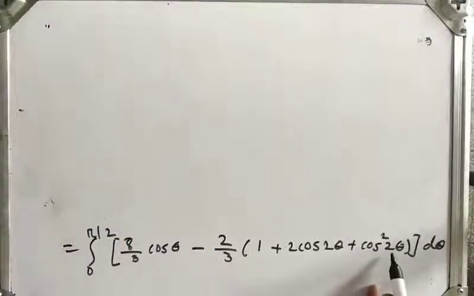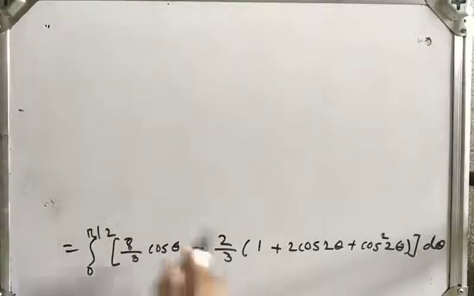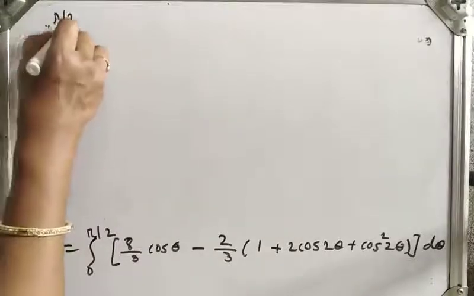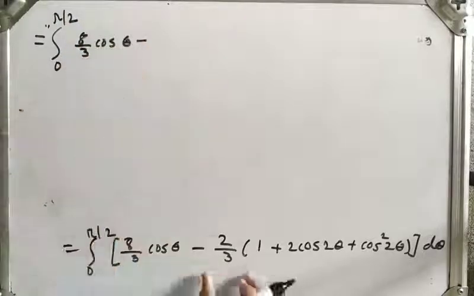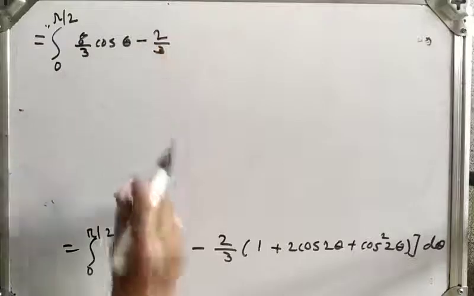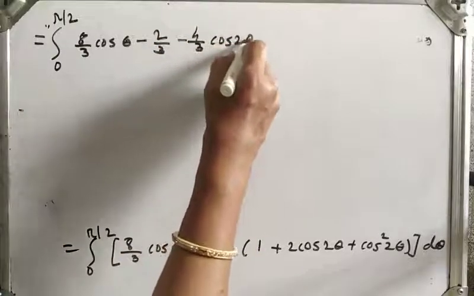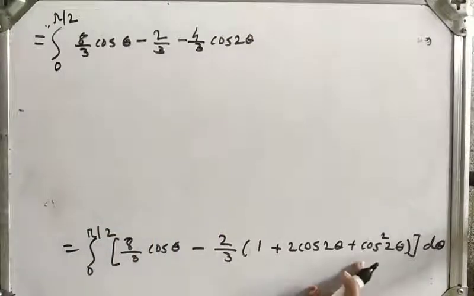Now for cos square 2 theta, let us multiply this 2 by 3 into the bracket. So it is equal to the integral from 0 to pi by 2 of 8 by 3 cos theta minus 2 by 3 minus 4 by 3 cos 2 theta, minus 2 by 3 cos square 2 theta.